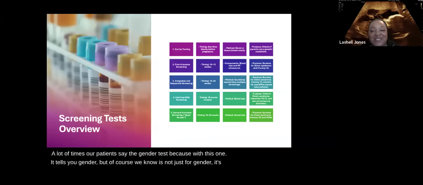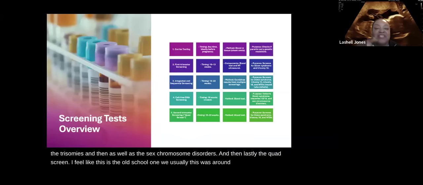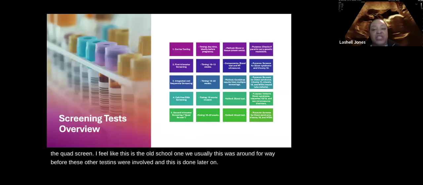It's for Down syndrome, the trisomies, as well as the sex chromosome disorders. And then lastly, the quad screen. I feel like this is the old school one. This was around way before these other tests were involved. And this is done later on, between 15 to 22 weeks.